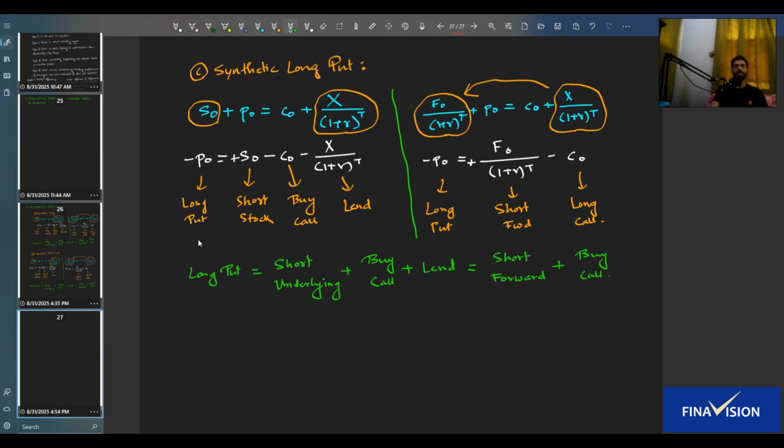And we can easily create these positions if we have the put call parity equation and put call forward parity equation.